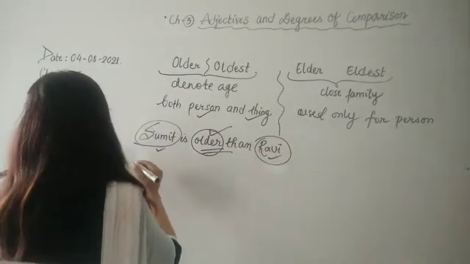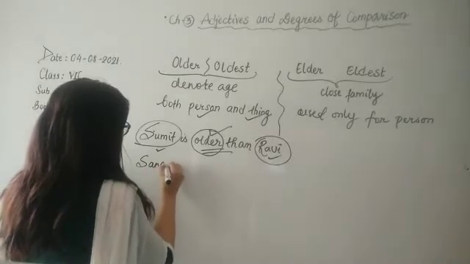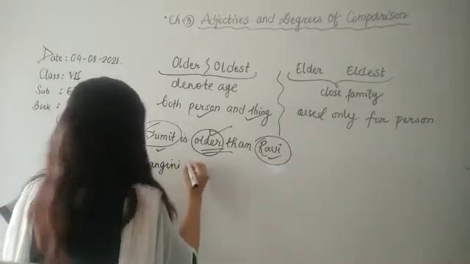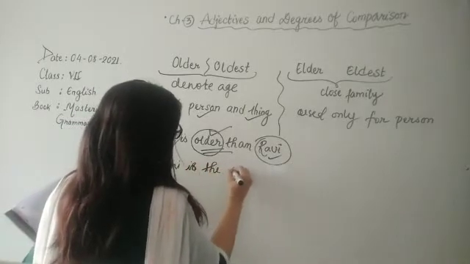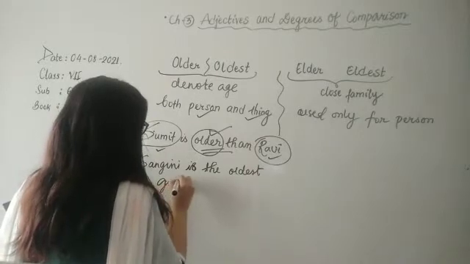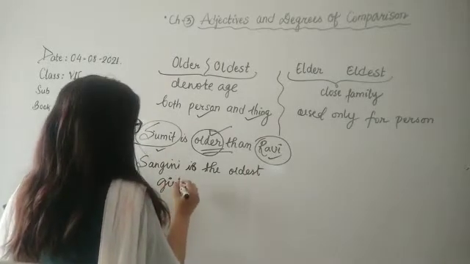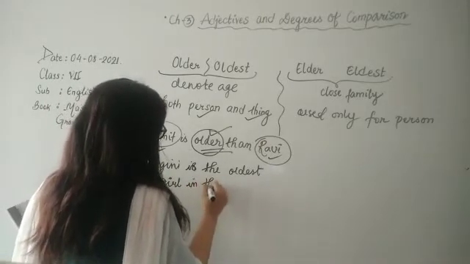So now see this one. Sangini is the oldest girl in the class. That means she is the most aged one. Sangini is the oldest girl in the group.